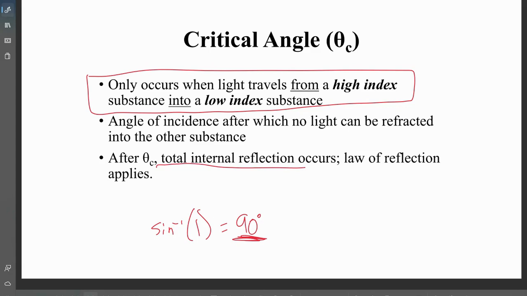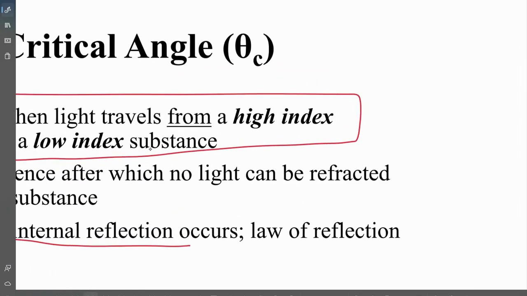As far as why it's only from high into low, if we go n1 sine theta 1 equals n2 sine theta 2, let's say n1 is greater than n2. So going from high to low means we have to go from 1 into 2. So we'll start at 1, but that means we want theta 2 for the critical angle.